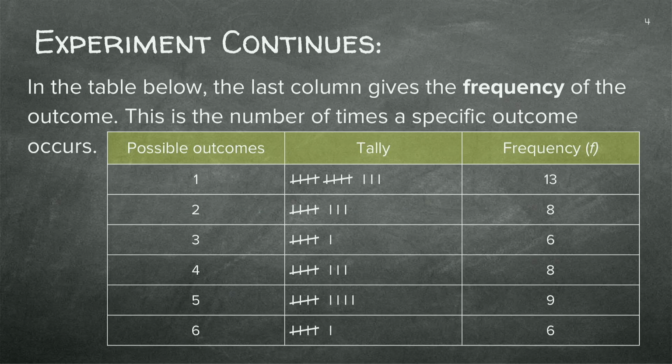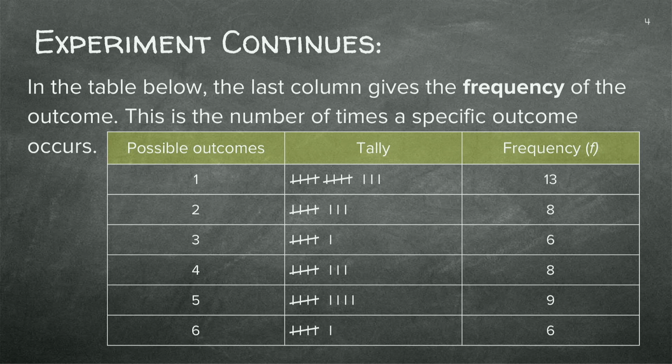Okay, now let's see. We've rolled this dice 50 times, and in the table below we've got what we call a frequency table. Remember that from one of our previous lessons? If you cannot remember, that's the beauty of this product. Go back, just refresh your memory, and then continue with this lesson. So this is the number of times a specific outcome occurs.